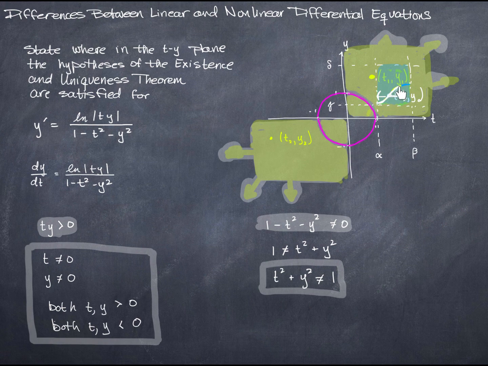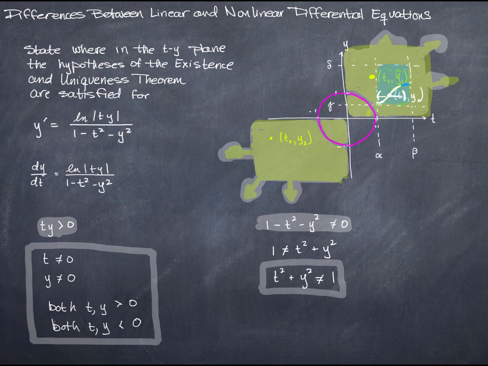I've just drawn a generic function. But that function is a solution to my original differential equation. And not only does the point live in this rectangle, but the graph has a domain that lives entirely inside the rectangle as well. That's what the second theorem says, the existence and uniqueness theorem, the one for nonlinear equations. That's essentially what we're getting at here.